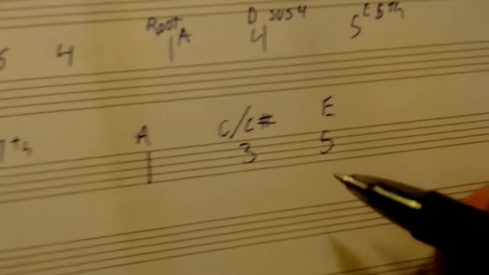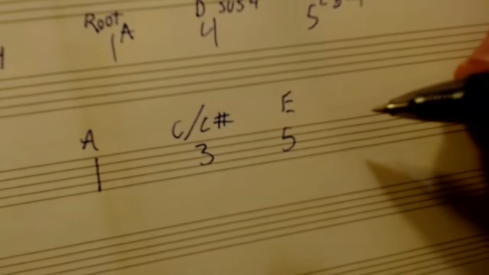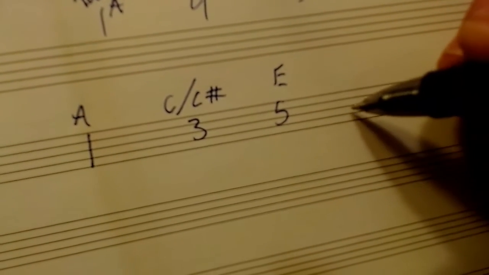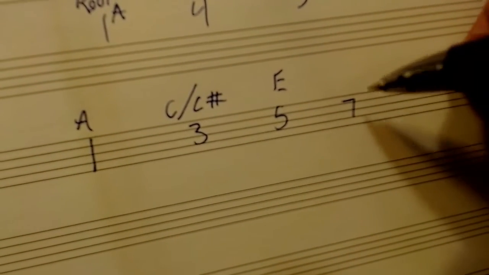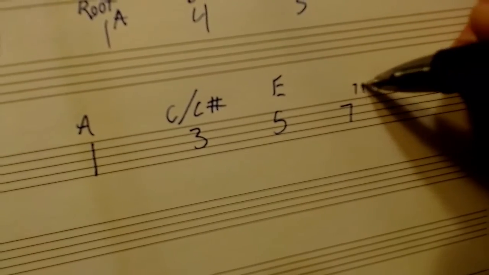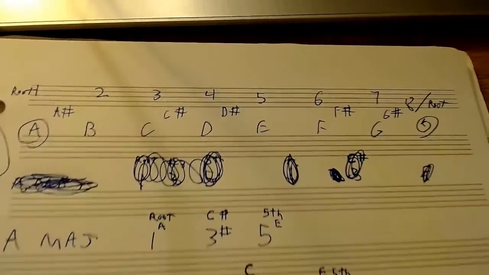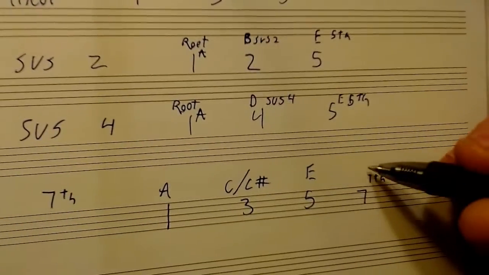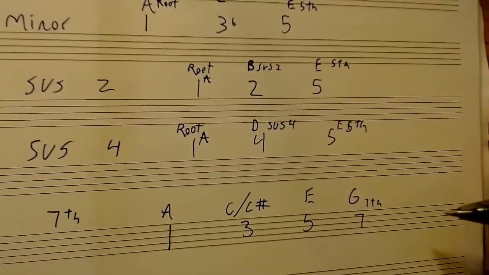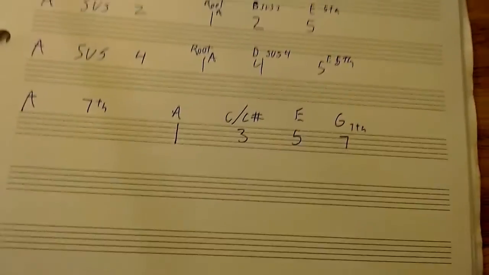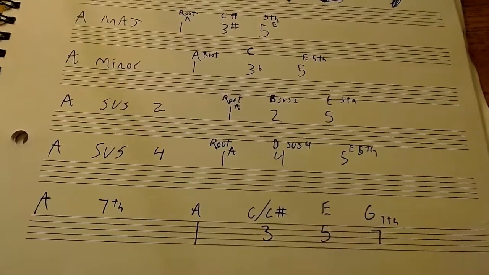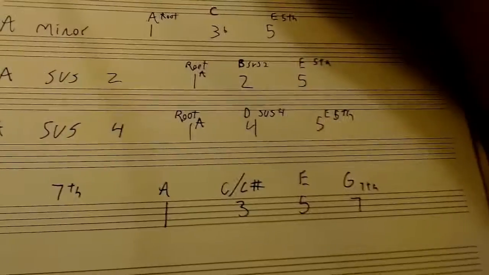We're not going to substitute anything, we're just going to add a seventh degree. And if we come up here, we will see that that is going to be a G. Okay, so fairly simple, fairly easy. Hopefully you guys follow that.